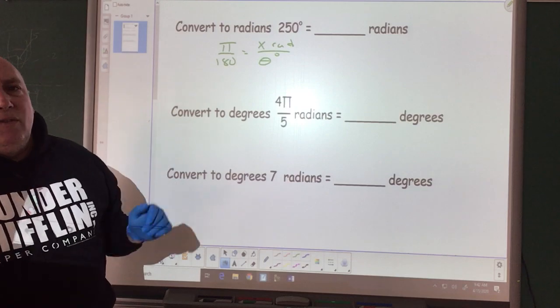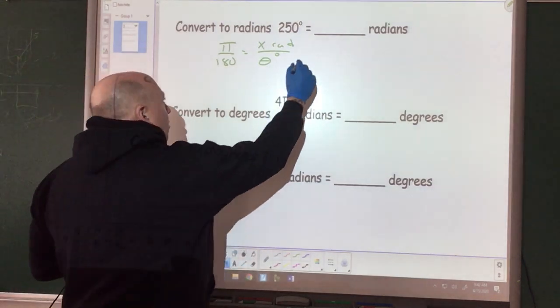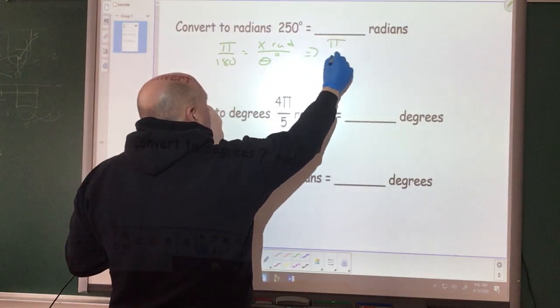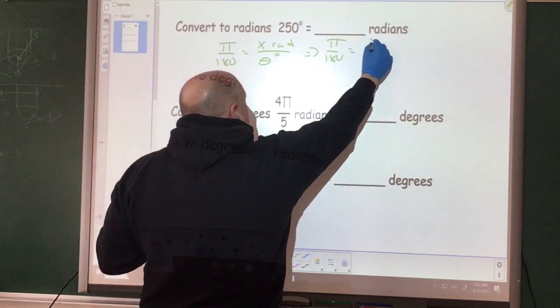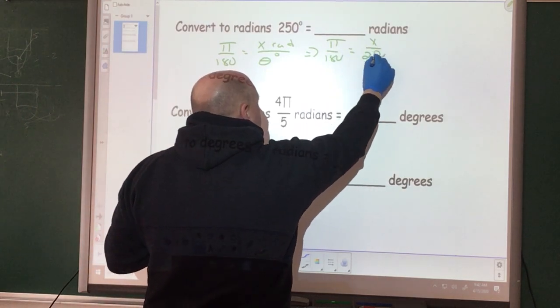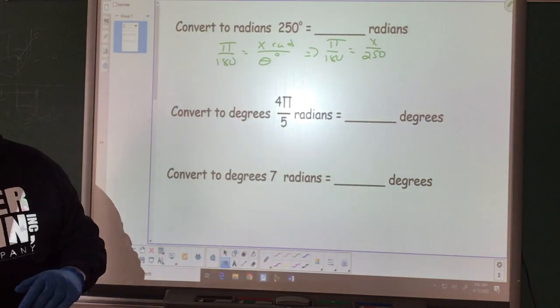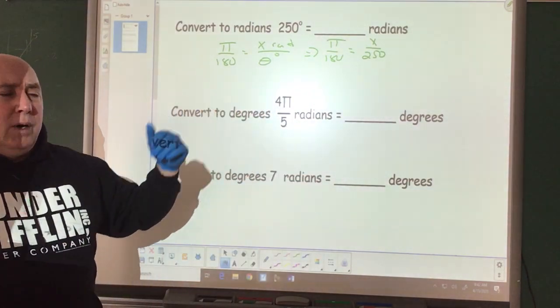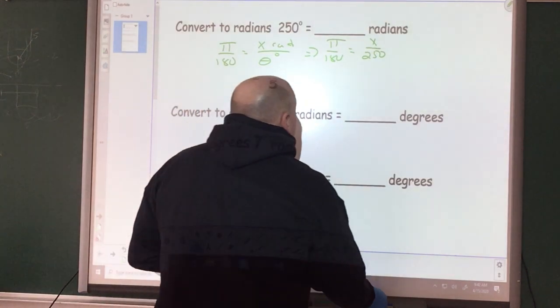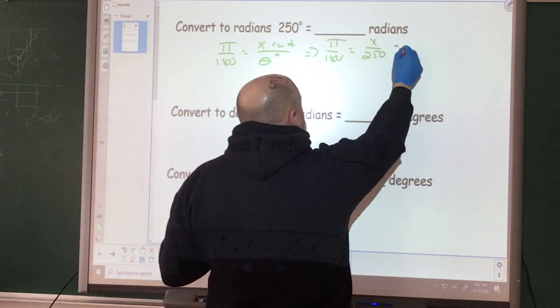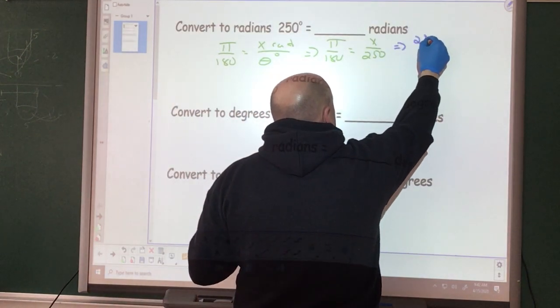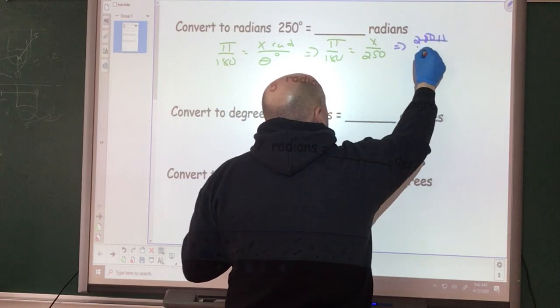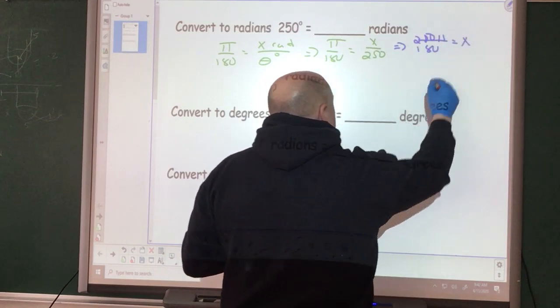We have 250 degrees there, so this will go to pi over 180 is equal to x over 250. I want you to leave things in terms of pi. We cross multiply. This gives us 250 pi over 180 is equal to x.